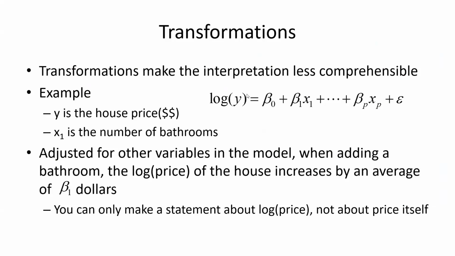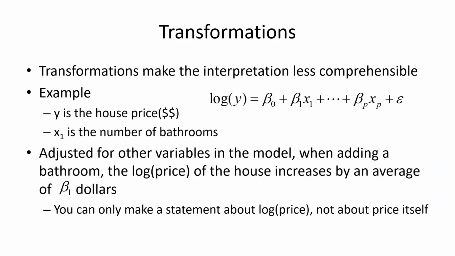And I would say something with a log transformation, something like, adjusted for other variables in the model, blah, blah, blah. When adding a bathroom, the log price of the house increases by an average of beta 1. So what increases is not the price, but the log price increases. Now suppose beta 1 is 2, and I don't even know whether this is a good value, which is part of the problem.